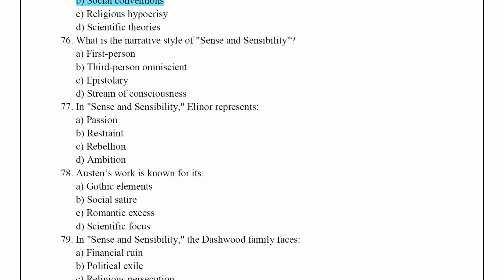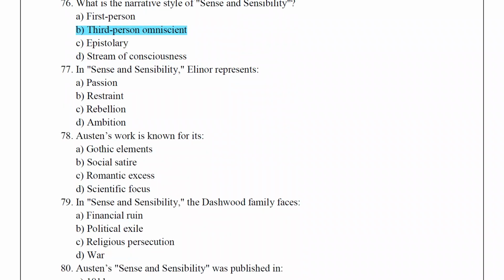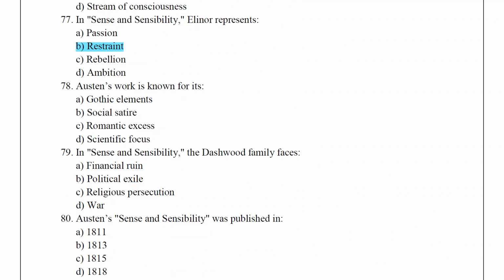Third person omniscient. In Sense and Sensibility, Elinor represents restraint. Austen's work is known for its social satire.